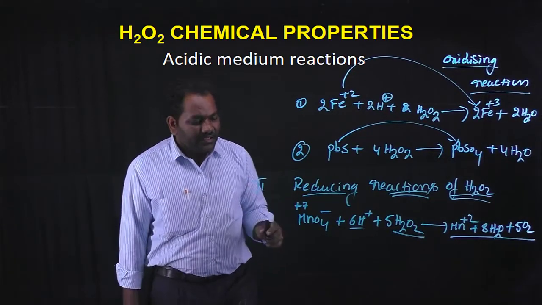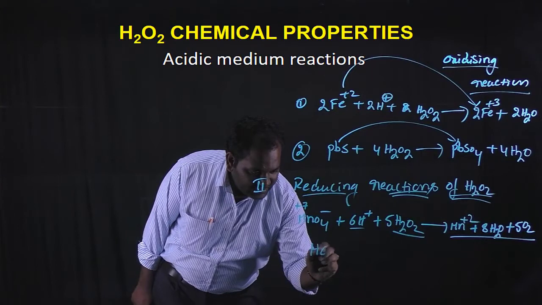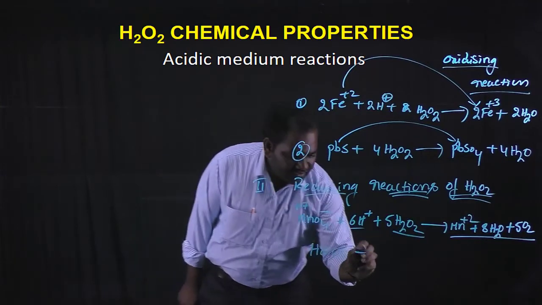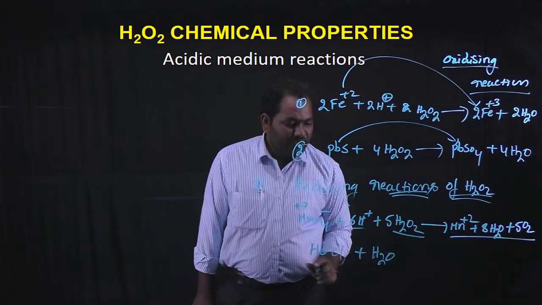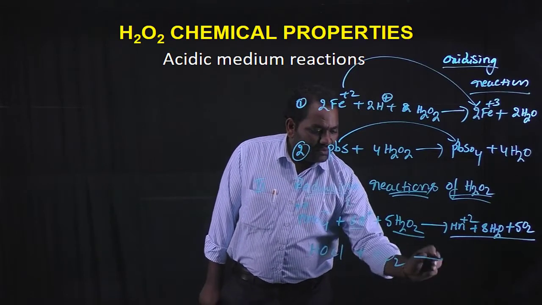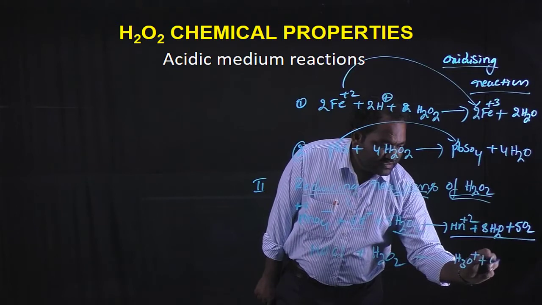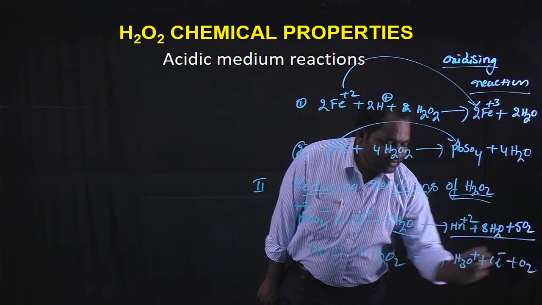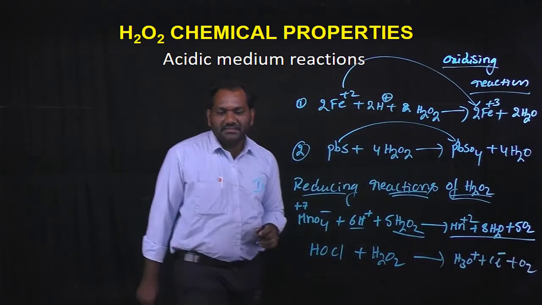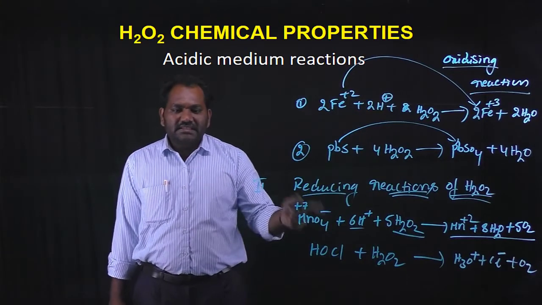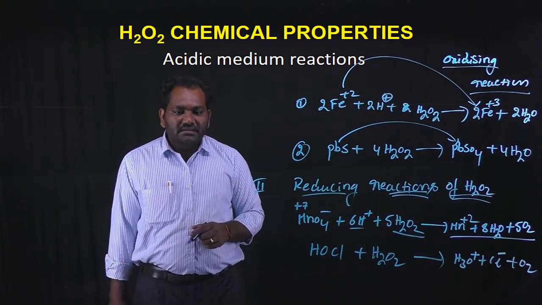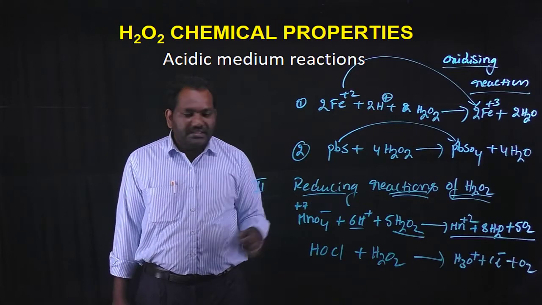Similarly, hypochlorous acid HOCl also reacts with H2O2 to give H3O plus, Cl minus and O2. This is another reduction reaction in acidic medium.